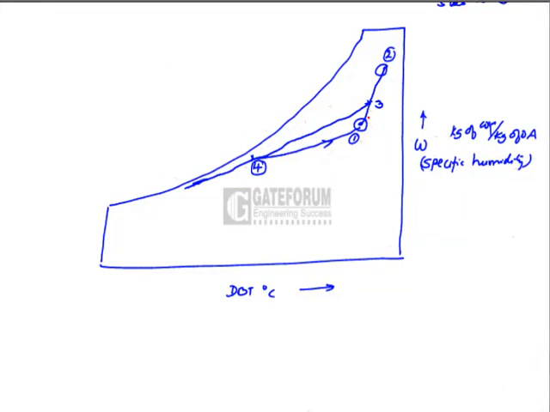So room design air mixes with the outside air to form state 3, the mixture air, which passes over the AC cooling coil where it gets cooled and dehumidified. This is the ADP state, apparatus dew point. State 4 is the room supply air. So when the mixture air at state 3 passes over the AC cooling coil at the temperature of ADP, this air gets cooled and dehumidified.